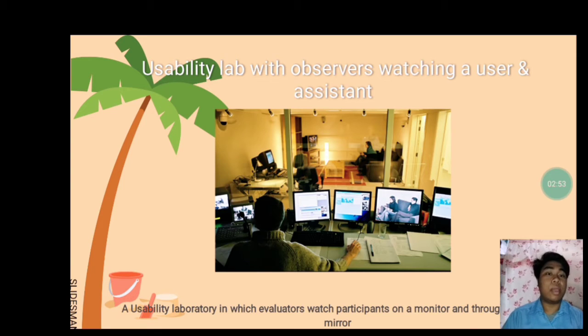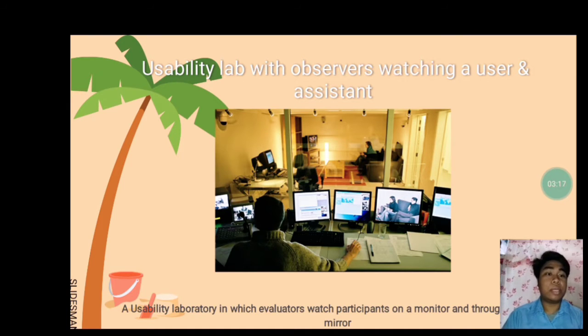Microphones are placed near where the participants will be sitting to record their comments. Video and other data is fed through the monitors in an observation room, which is usually separated from the main lab or workroom by the one-way mirror so that designers can watch what participants are doing but not be seen by the participants.